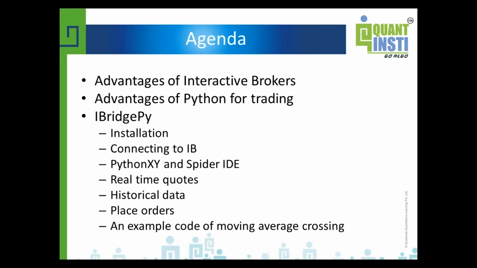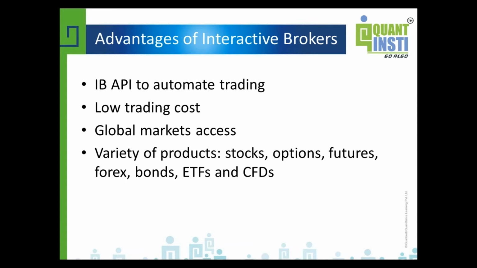If you are interested in more details, you can take courses at QuantInsti to learn more about that. At the end, I will give a very brief introduction to a sample code, which is a moving average crossing.